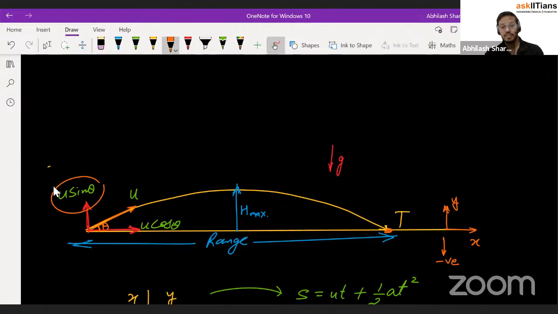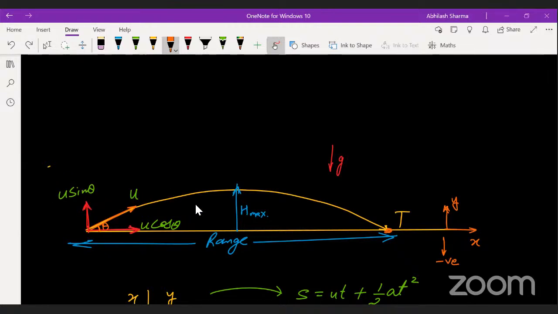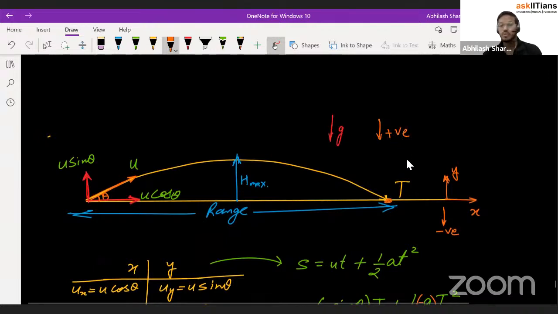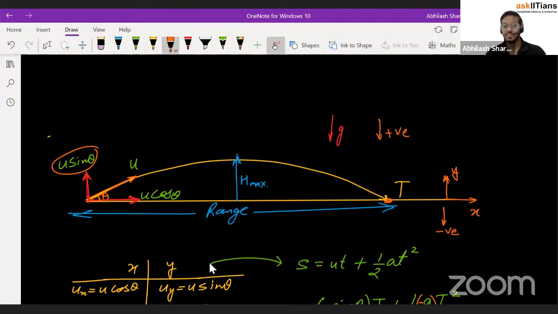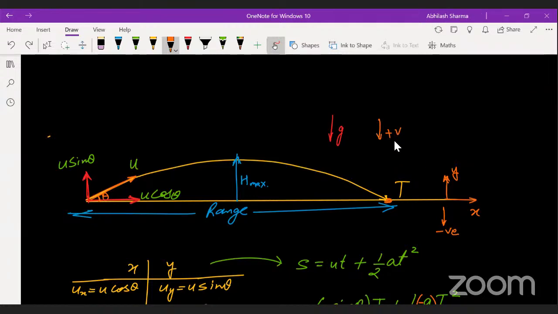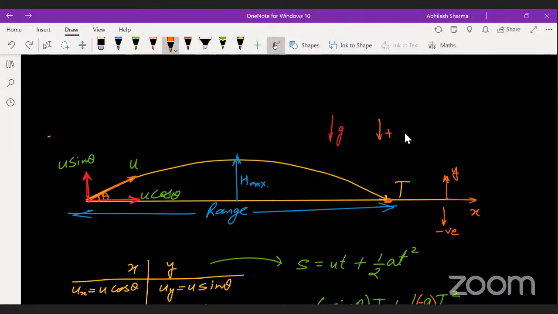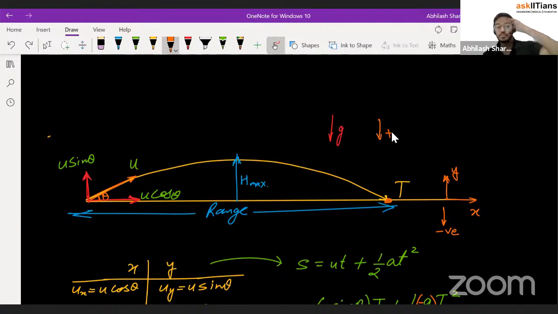Upward speed is there in y direction. So you are still allowed to take downward positive. If you want, you can do it. But then what you would have to do? You would have to take upward as negative then. So that's why in order to avoid the confusion, I said, let's take downward negative and let's take upward positive. Yes, so sir, gravity became negative and u sine theta became positive.